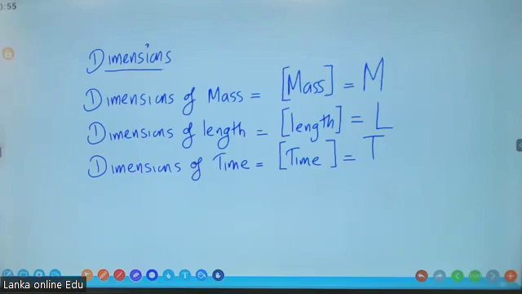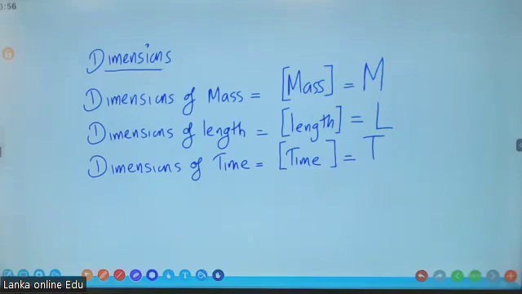We always represent a dimension using square brackets.